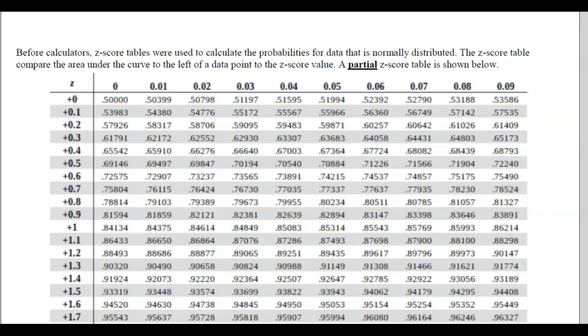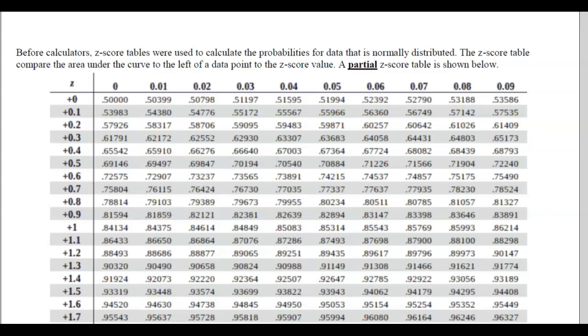So in the old days, when I was young, we weren't allowed calculators on tests. So you had to be given the areas for particular z-scores. So we had to be given a table.